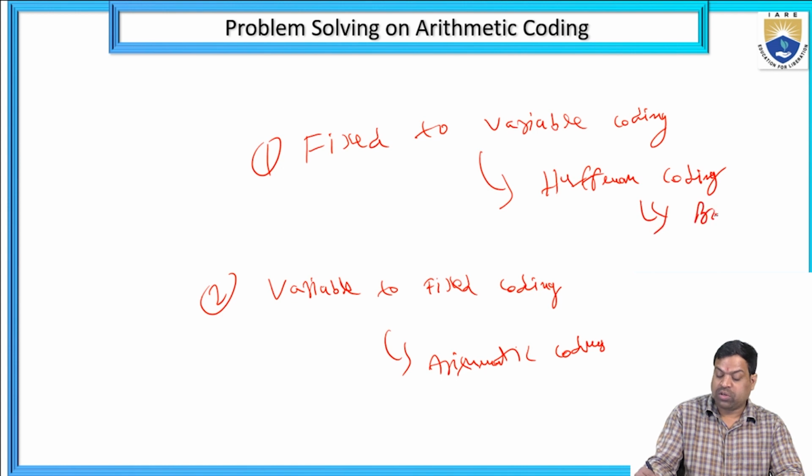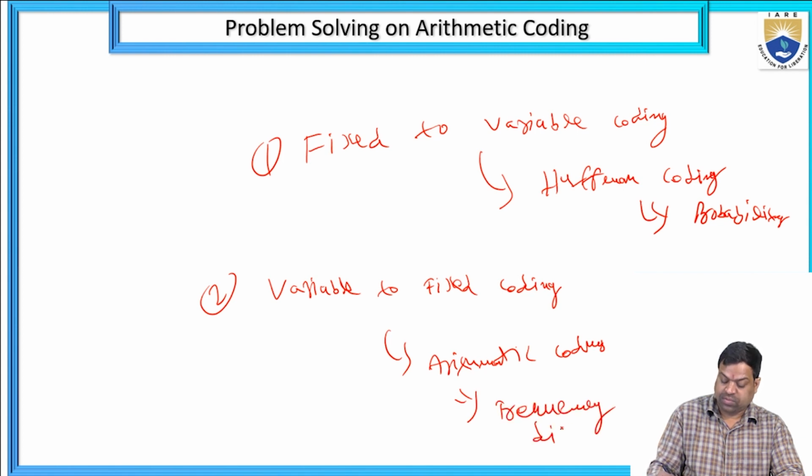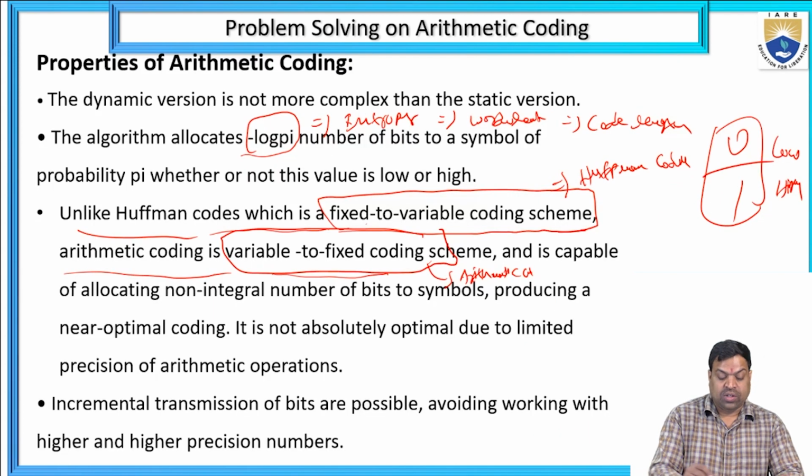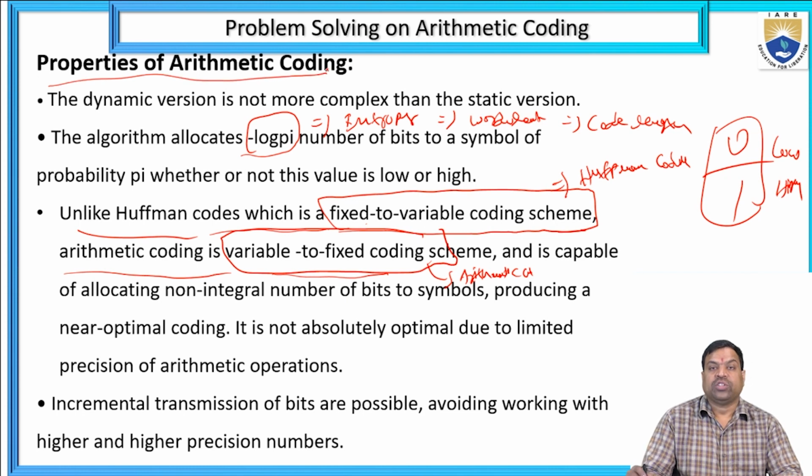Huffman coding is for finding out the probability. Arithmetic coding is nothing but a frequency distribution. So the property of arithmetic coding is that the dynamic version is not more complex, because the static version is also there. The algorithm allocates minus log pi bits, the entropy or code word length, to a symbol of probability pi, whether the value is low or high.